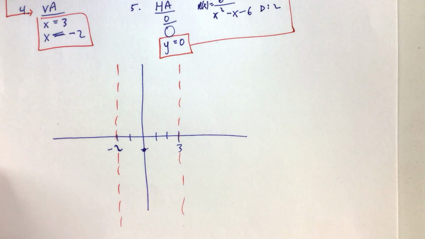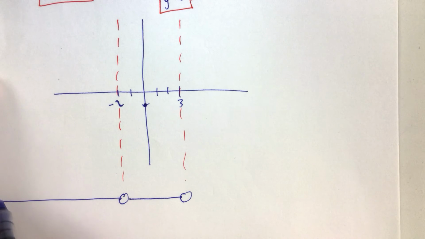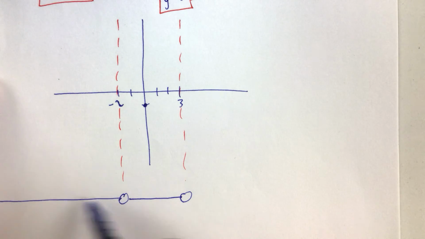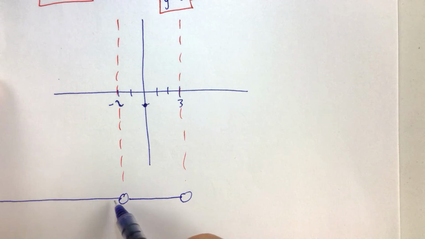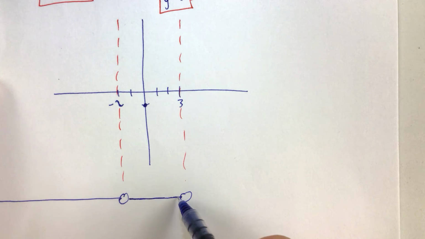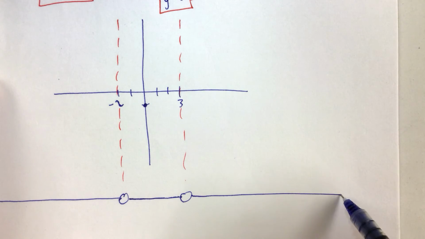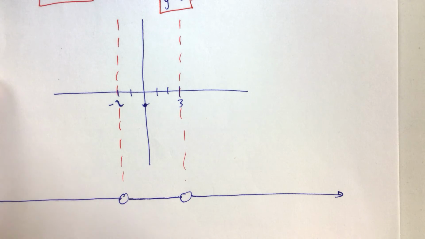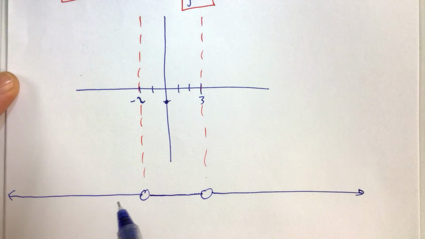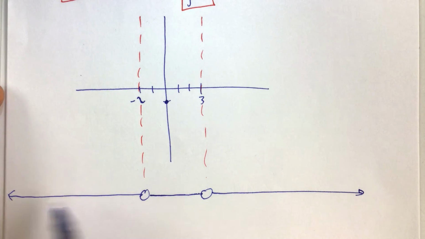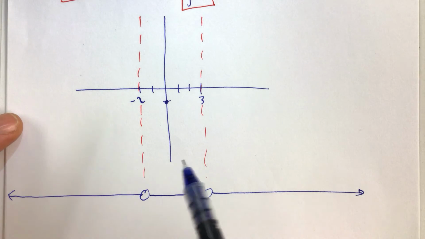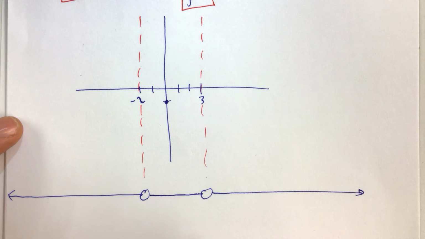So in other words, the domain is all real numbers until you get to that spot, and then all real numbers until you get to the next. So the graph is continuous until you get to -2, and then continuous until you get to 3, and then continuous forever. From a left to right perspective, the graph of this function will be continuous except for those two values.